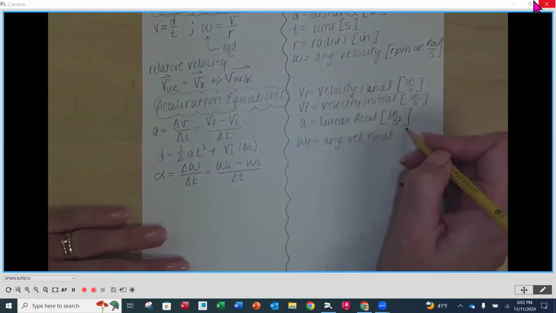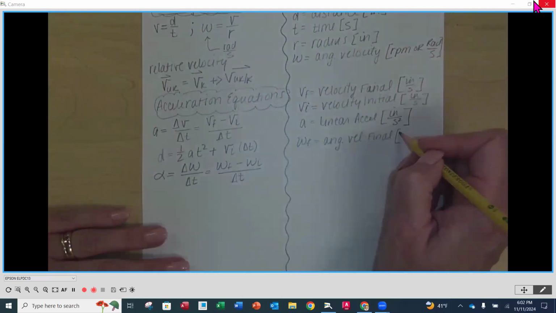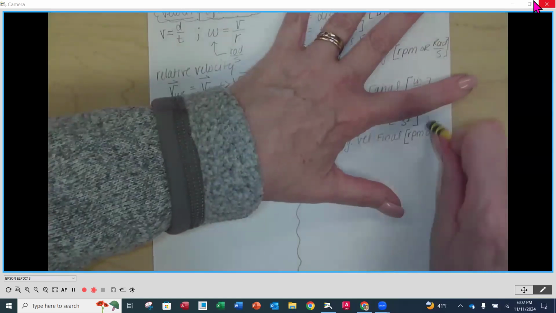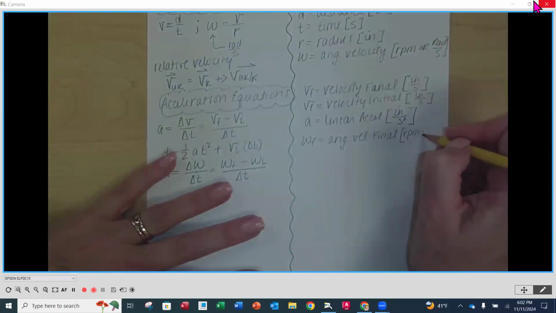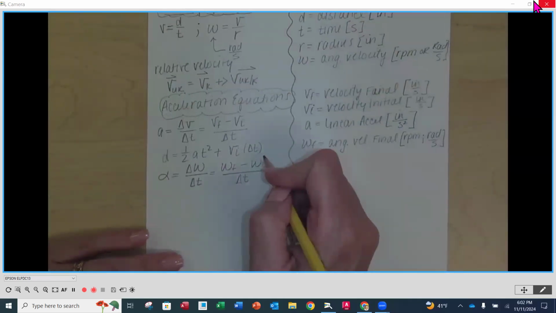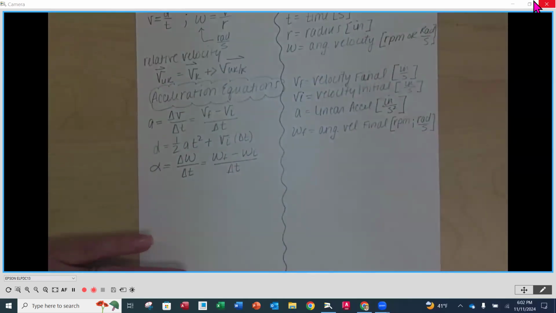Okay. And that is probably going to be given to us in RPMs, but we're going to have to use radians per second in this equation here. So W in that equation needs to be in radians per second.